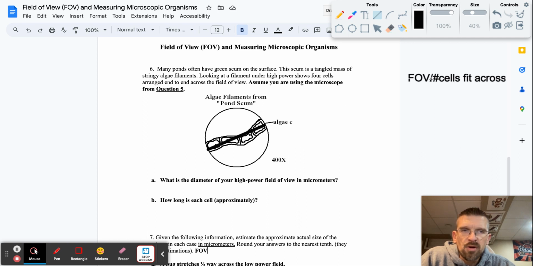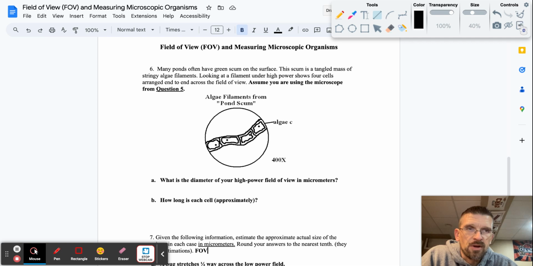And remember, going back to our equation, we're going to divide that number by the number of cells. In this case, the number is 4 cells. Even though they're a little bit uneven and not straight, we can go ahead and use those 4 as the number. Okay, so I think a lot of students struggled with that one, but maybe it is a bit more straightforward than the other question.